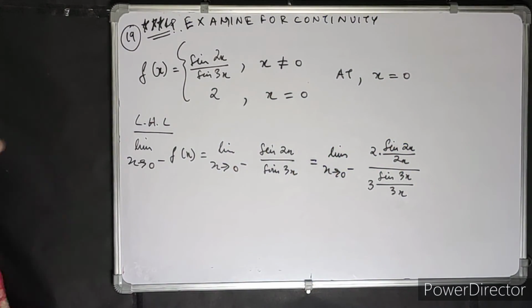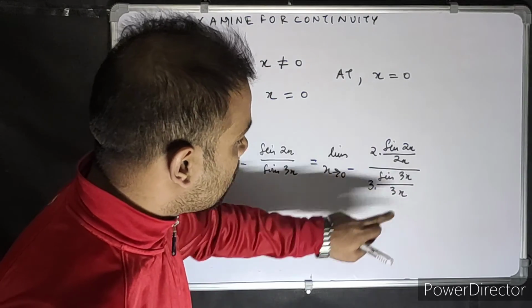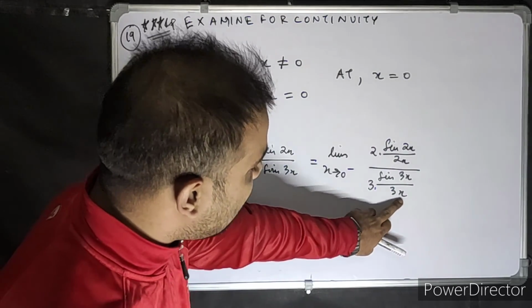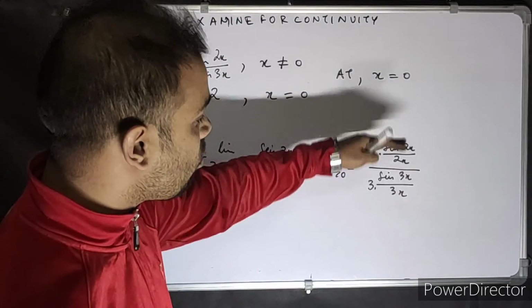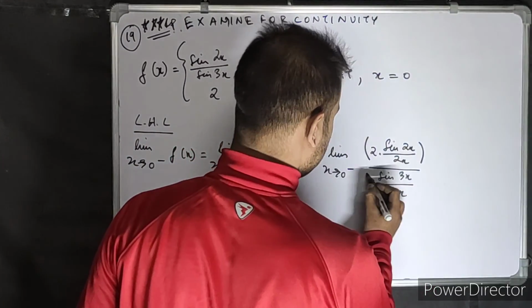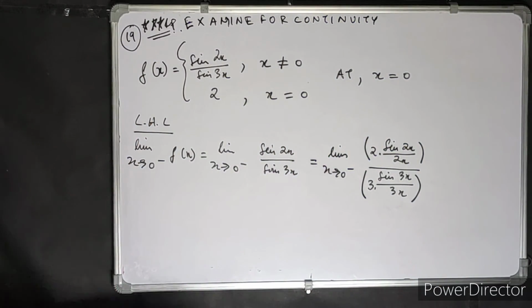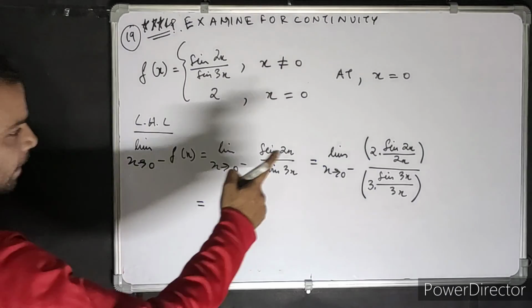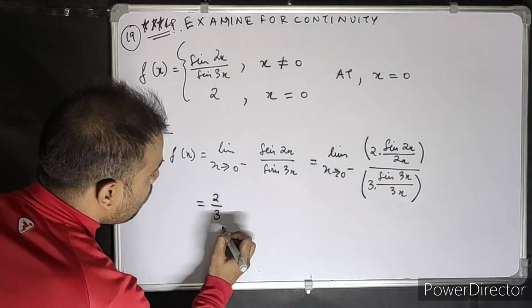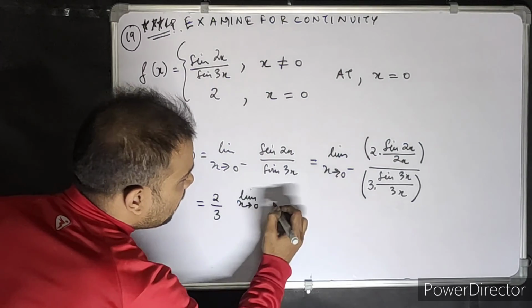See, look, the 2 and the 2 gets cancelled out, the 3 and the 3 gets cancelled out, the x and the x gets cancelled out, we get back the question. Okay, put bracket here, put bracket here. By now you have understood. From here eventually the 2 by 3 comes out and the limit gets split to the denominator and the numerator.